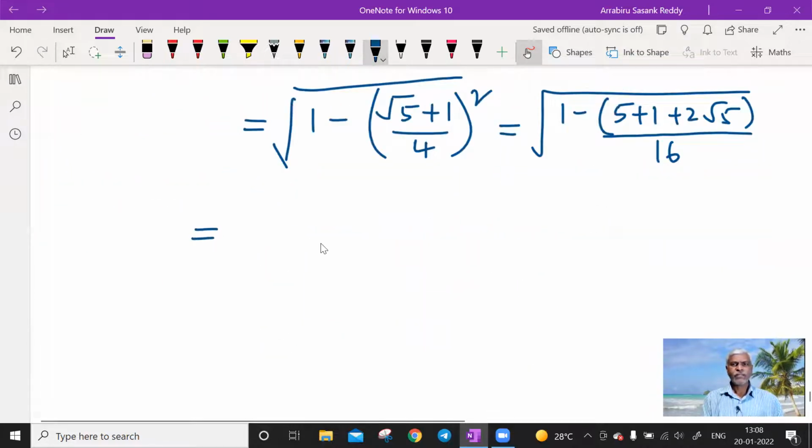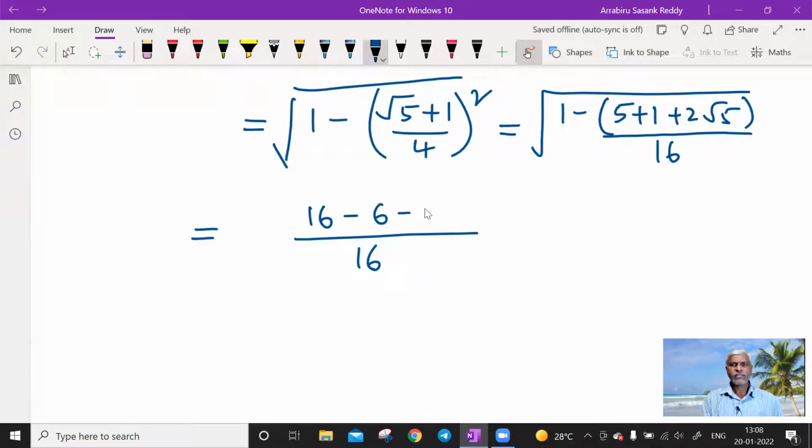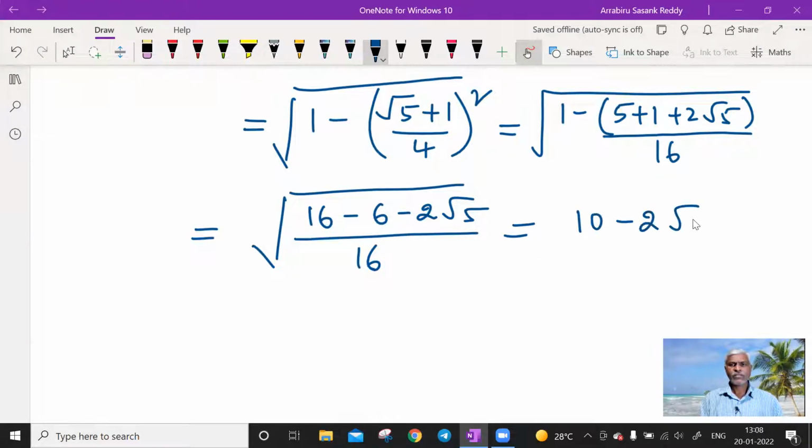Now taking LCM 16, so 1 into 16, 5 plus 1, 6, 2 root 5. 16 minus 6, 10 minus 2 root 5, by 16.